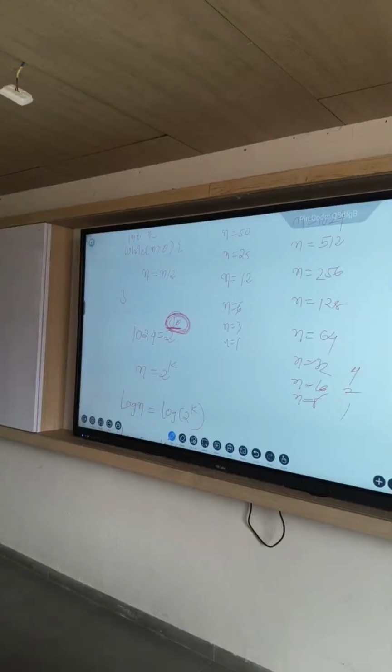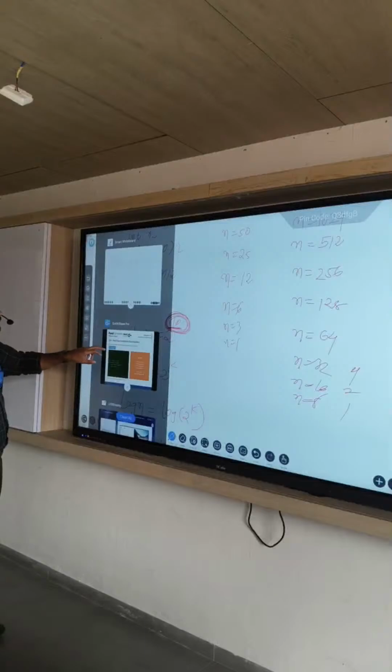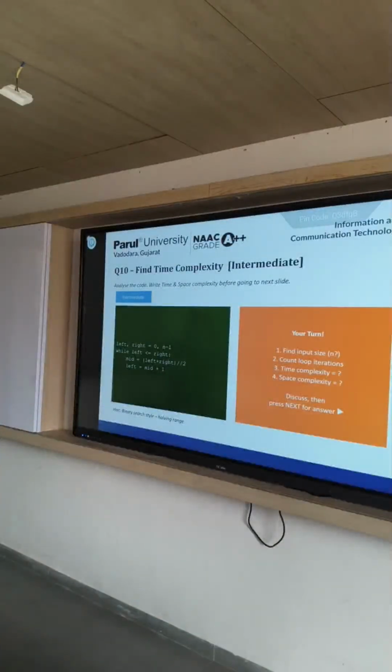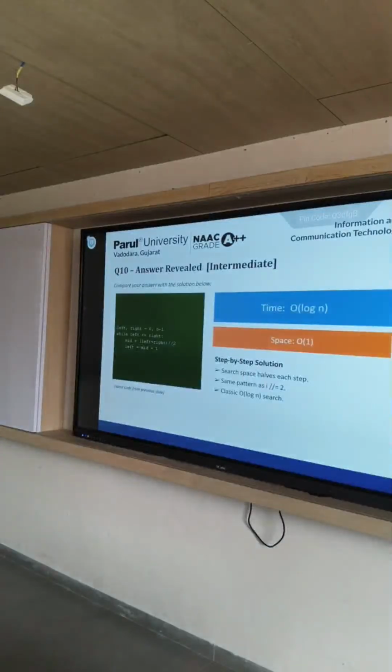So here in this case also the time complexity of this solution will be log of n. And what will be the space? Order of 1. You are not using any additional space, so yes.